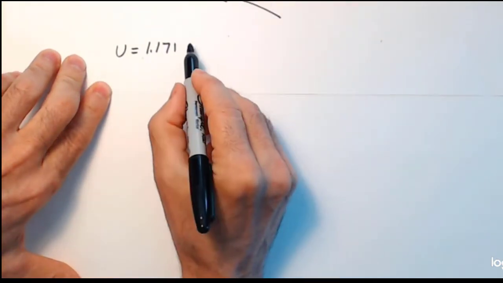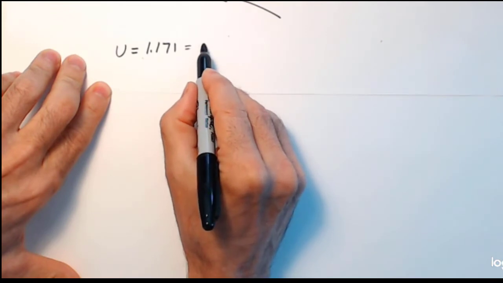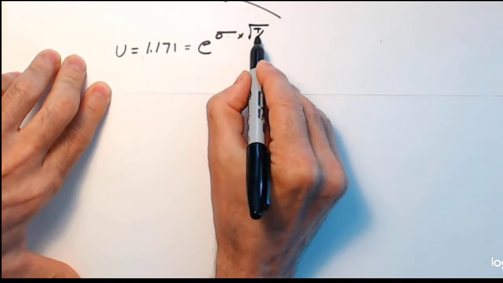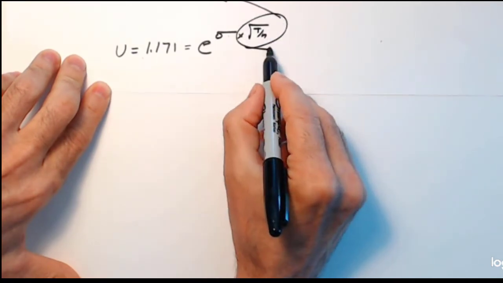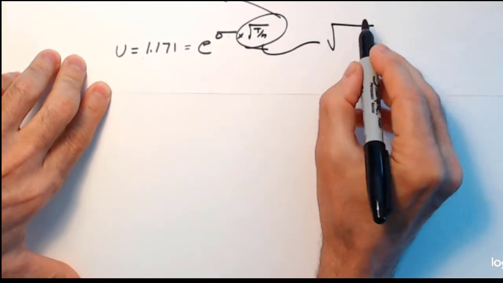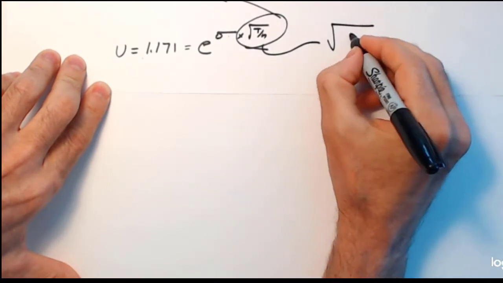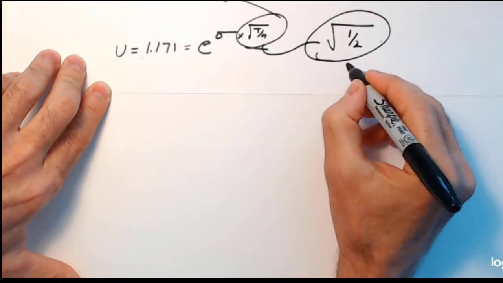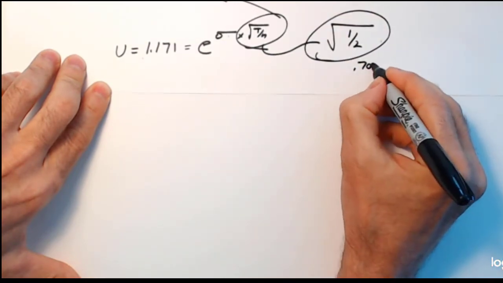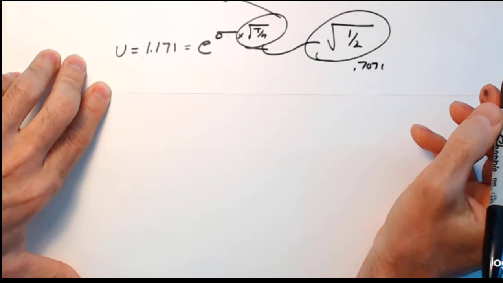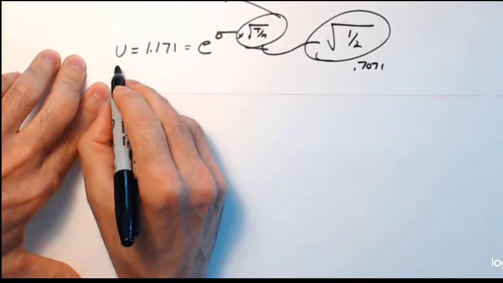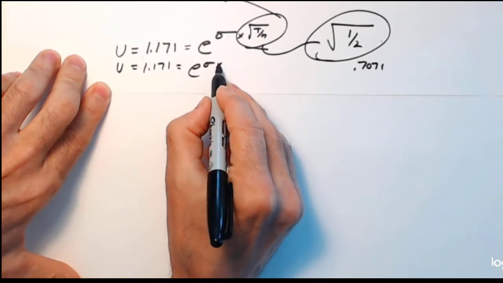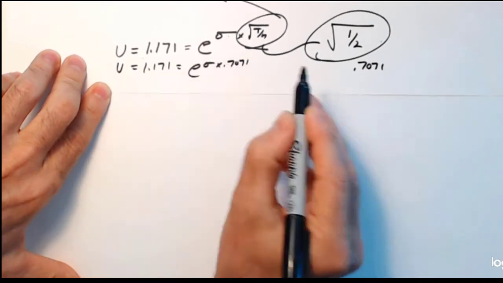And now I'm saying that has to equal e to the sigma times the square root of T over N. In this problem that I'm about to show you, it's 1 year, 2 steps. This turns out to be the square root of 1/2, 0.7071. So now, all we have to do is solve this. U equals 1.171 equals e to the sigma times 0.7071.